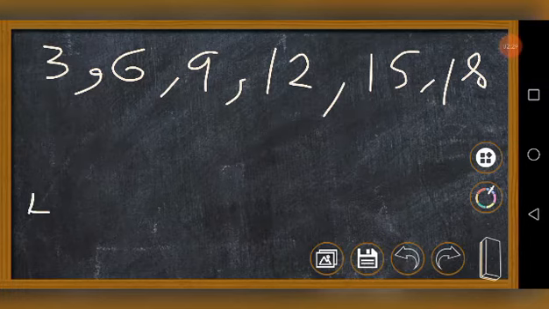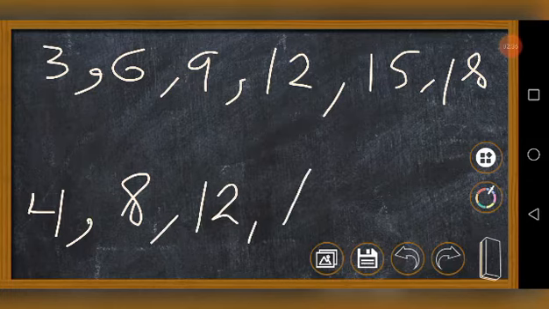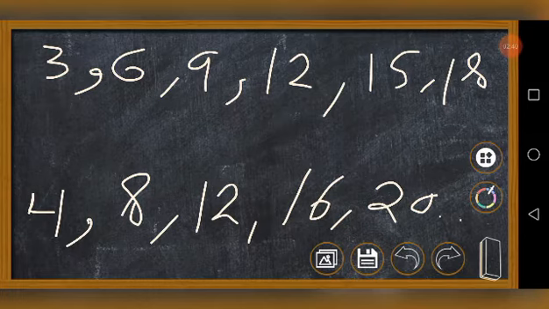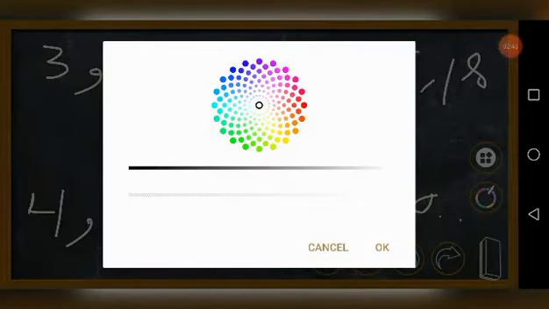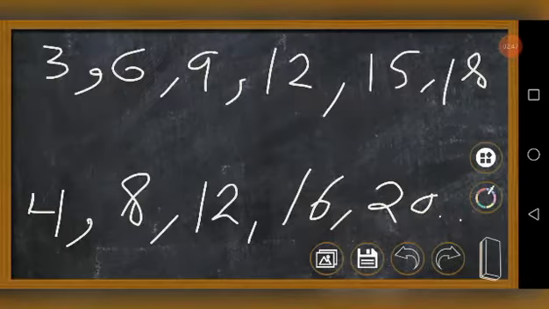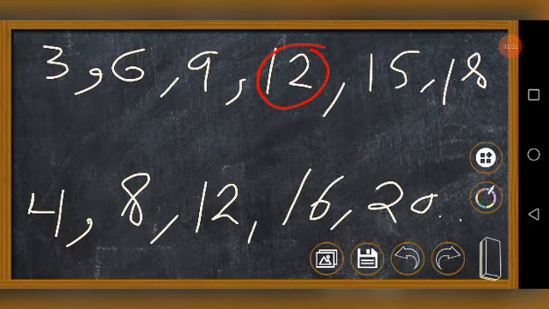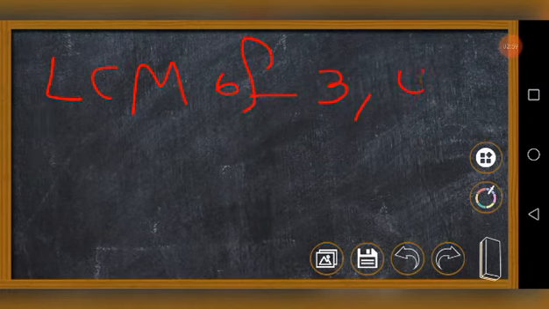And the multiples for number 4: 4, 8, 12, 16, 20, and go on. What is the common multiple which is least? The smallest number which is common between them is 12. LCM of the numbers 3 and 4 equals 12.